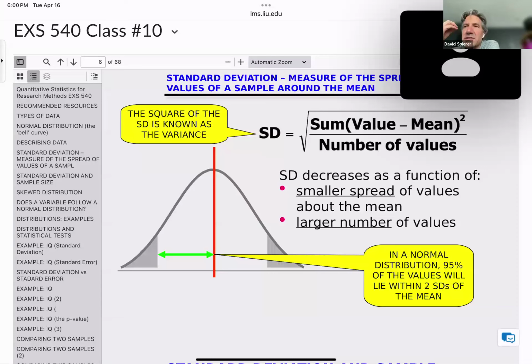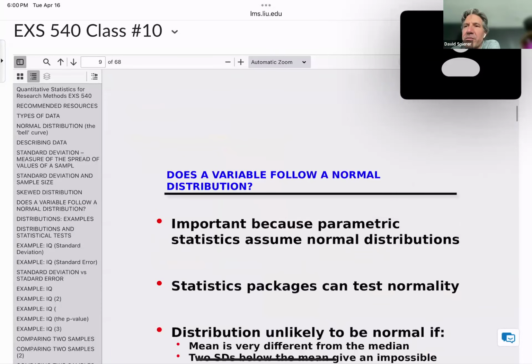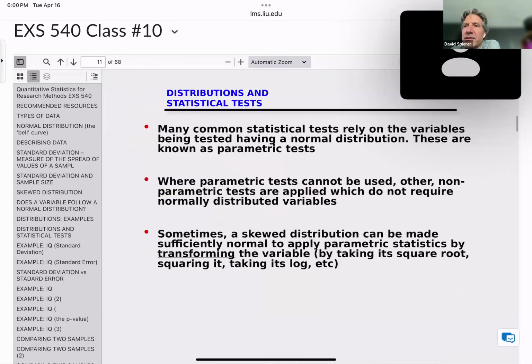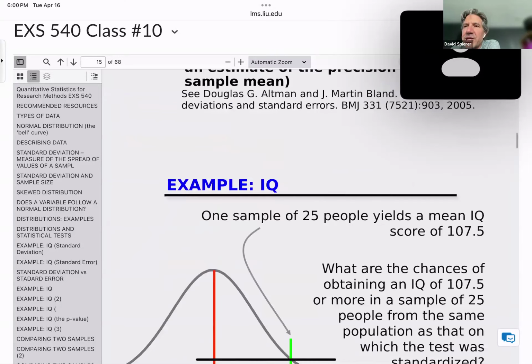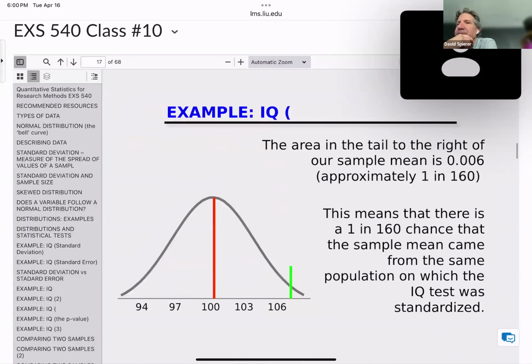What is the point of 95% confidence? And this leads to what we were talking about before, determining the chances. This is where we ended up.